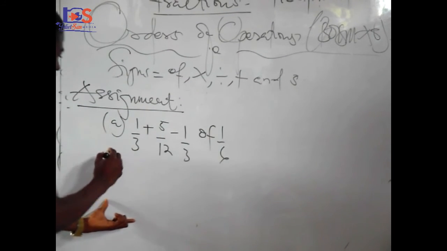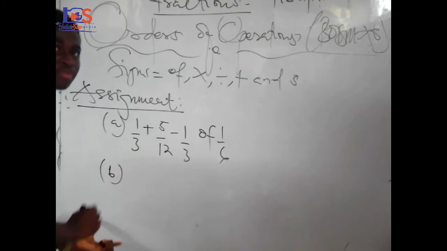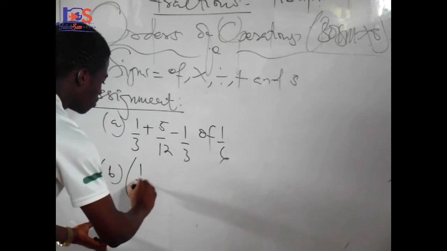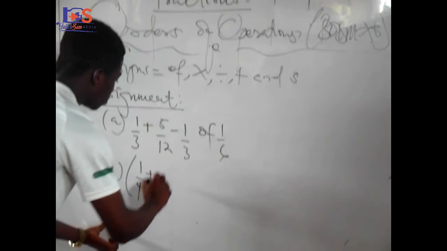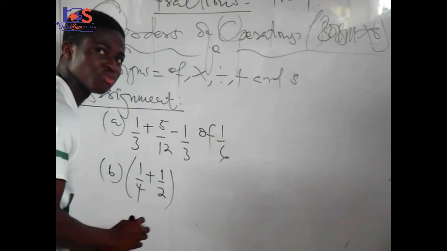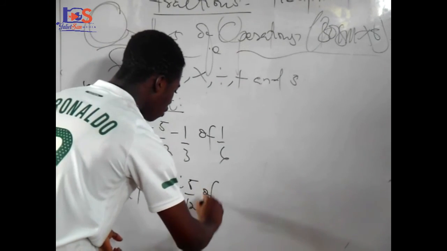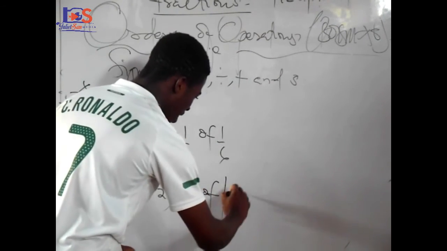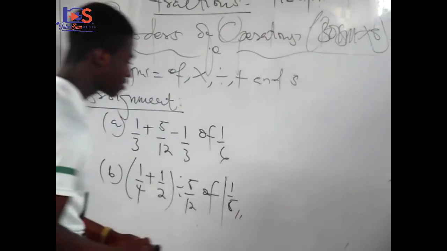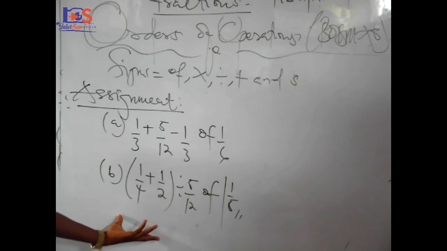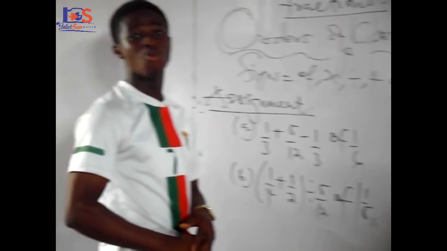The second one is 1/4 plus 1/2 divided by 5/12 of one whole number 1/5. This is your second assignment. Making it 2 homeworks.